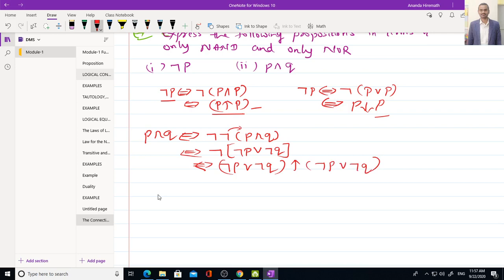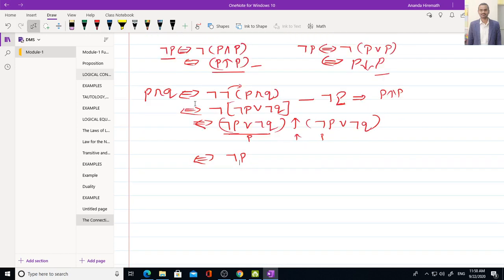If you have not understood, let me try to explain one more time. If it is not P, what we have written is P NAND P. Now similarly, this P in this example is not P or not Q. The whole thing acts as P. So P NAND P, that's what I have written for this example. Now in turn, this can be solved as not P, like not (P and Q), by using De Morgan's law in reverse order.